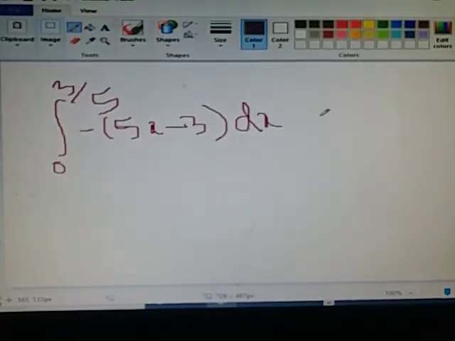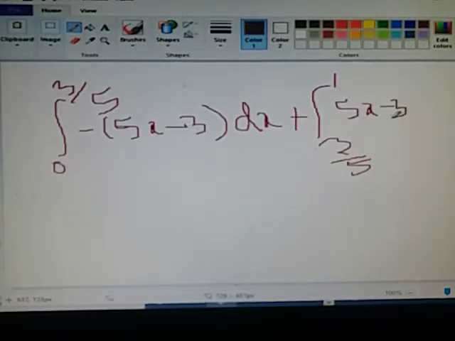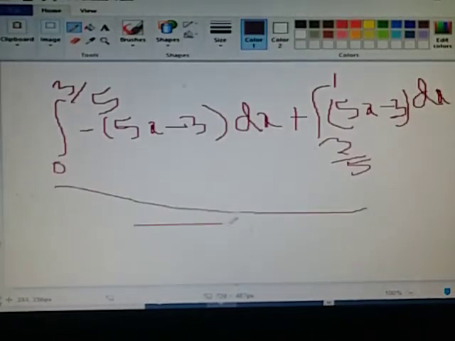Plus, from 3 by 5 to 1, the integral of 5x minus 3 dx. We are using property 3.